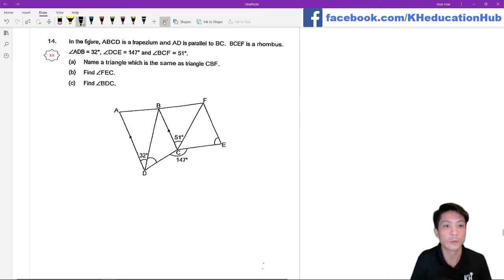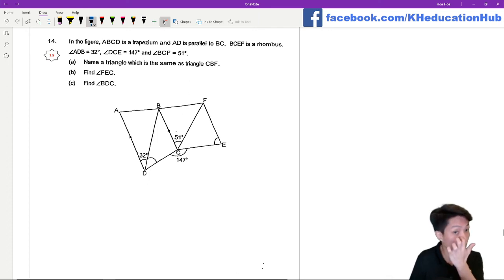Let's move on to question 14. The figure below, ABCD, is a trapezium. AD is parallel to BC over here, and BCEF is a rhombus. Angle ADB is 32 over here, DCE is 147, and BCF is 51.